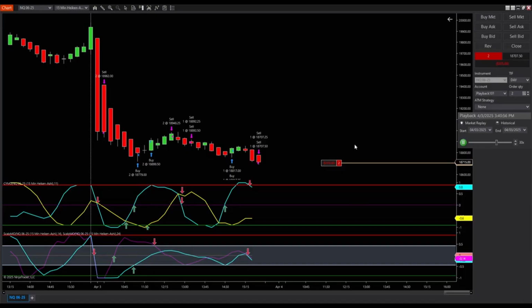And since I've only got a couple minutes on this, which is really only maybe like 2 minutes because it's going so fast, I will begin looking for an exit pretty soon to get out of this trade.